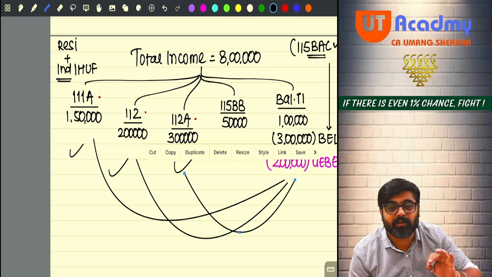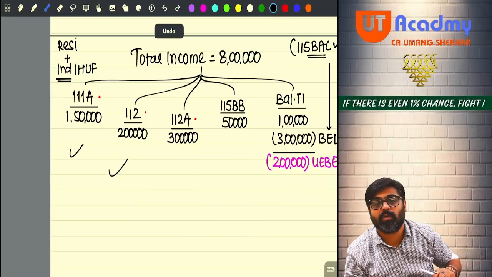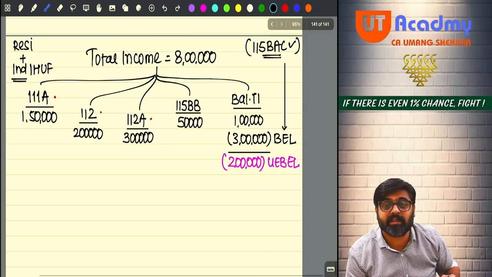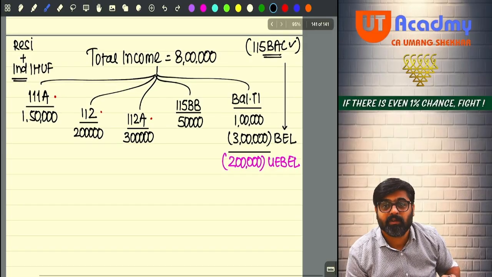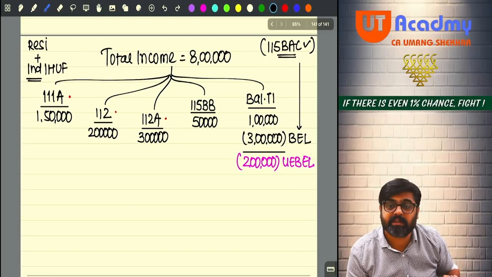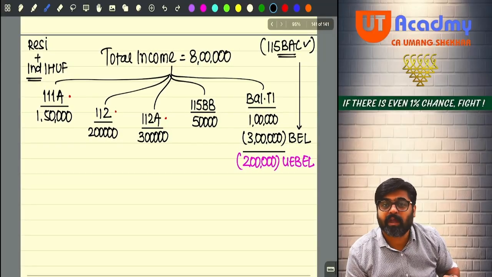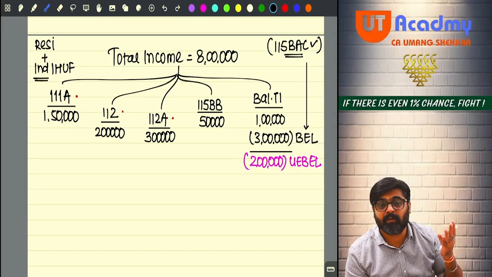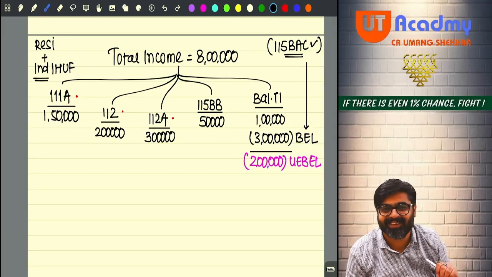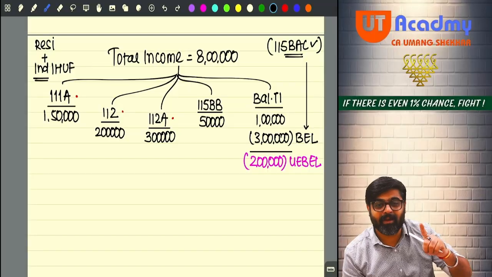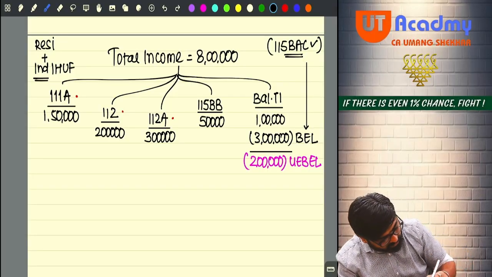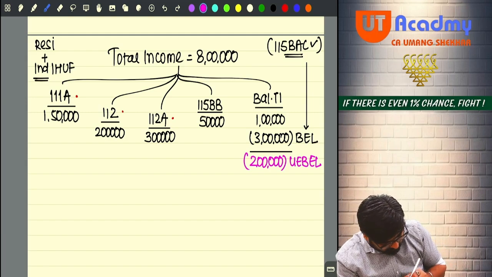Always try to adjust your unexhausted basic exemption limit against that income first which is having the highest rate of tax. Yes or no? So can you adjust 2 lakhs from 111A? Yes, but for that 111A should be 2 lakhs or more. So will you be able to adjust 1,50,000 out of this? So from this 1,50,000 I will reduce 1,50,000.